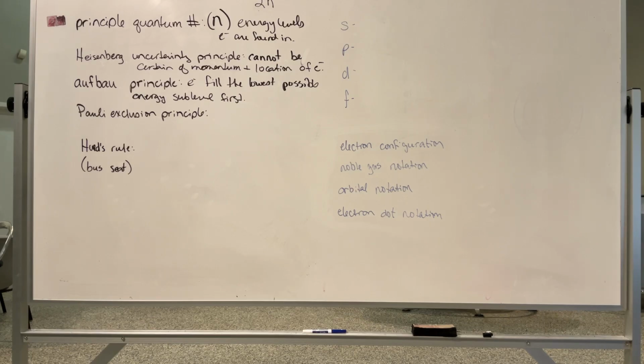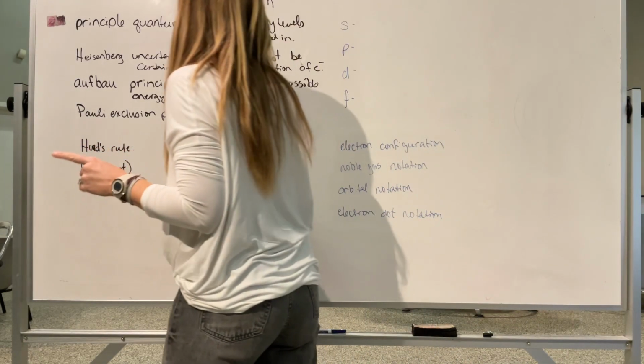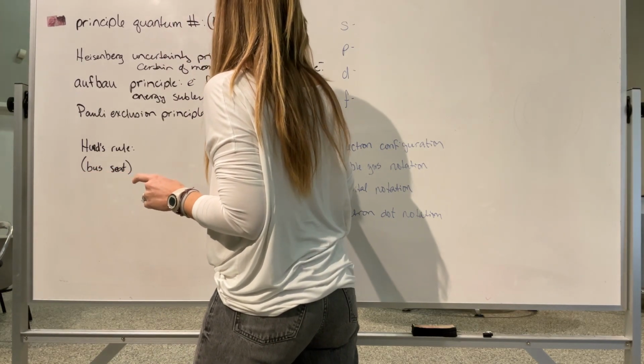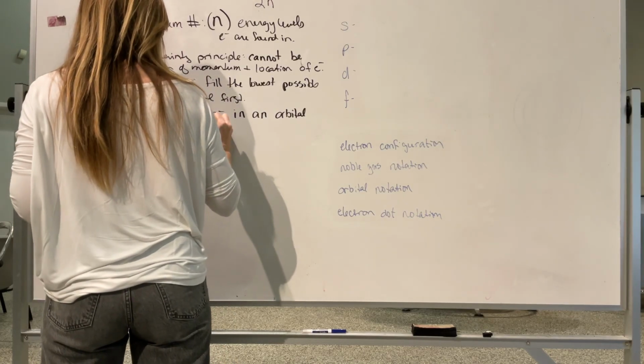The next one is the Pauli exclusion principle. There are many parts to this, but the one that pertains to this chapter, what did they say? I think we brought this up too. Electrons in an orbital have opposite spins.